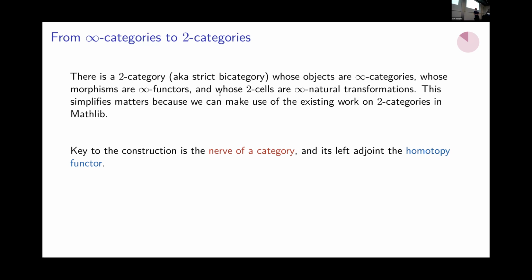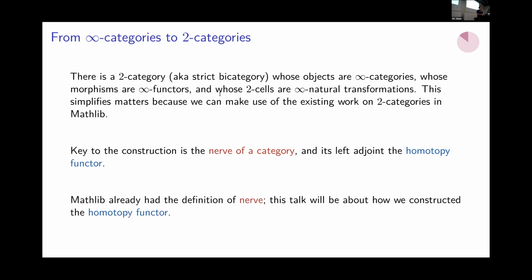A key part of this construction involves the nerve of a category, as well as its left adjoint, which is the homotopy functor. And so that's what this talk is about. Mathlib already had the definition of nerve. And so this talk is really about how we constructed the homotopy functor.